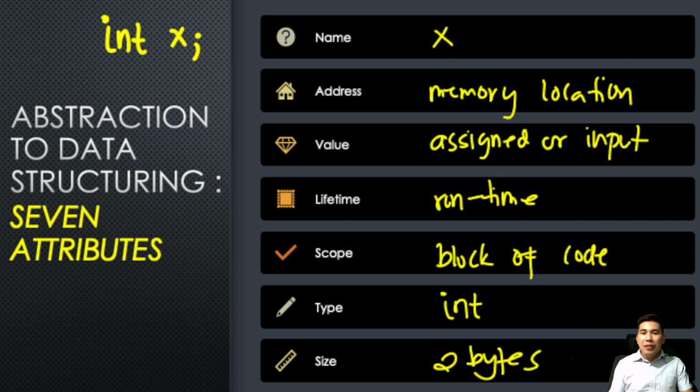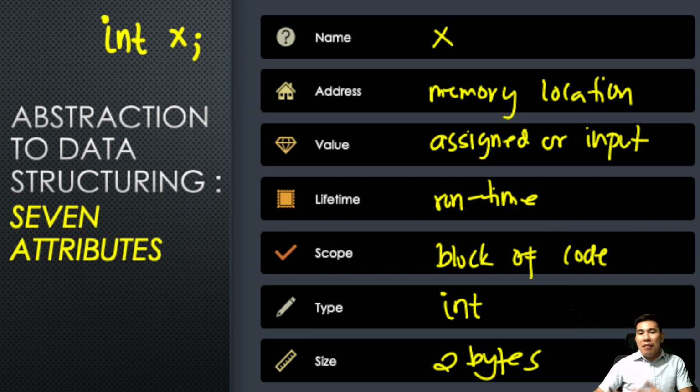And then we have the type. The type is the set of values which can be assigned to the value attribute, and the set of operations which can be performed on the variable. An example is an int type.